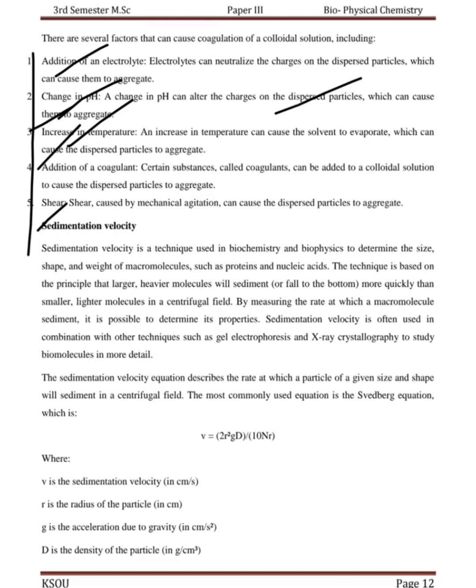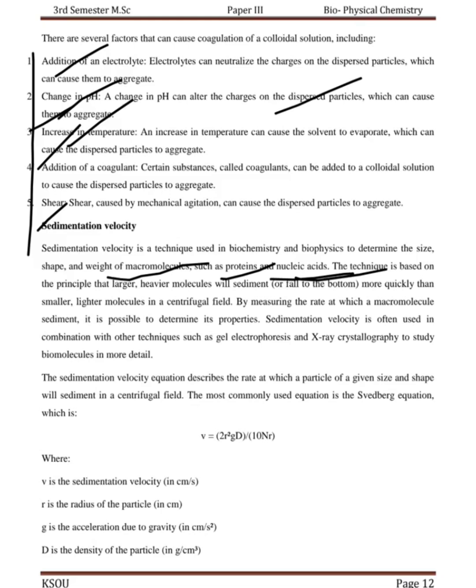It is a technique used in biochemistry and biophysics to determine the size, shape and weight of macromolecules such as proteins and nucleic acids. What are the examples of macromolecules? It is nothing but molecules whose size is big.